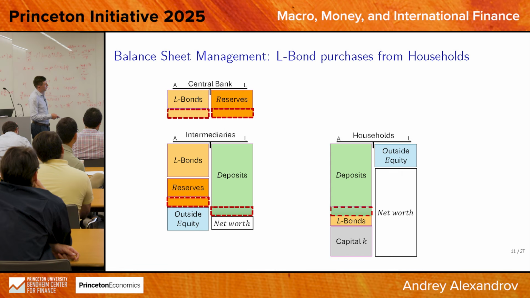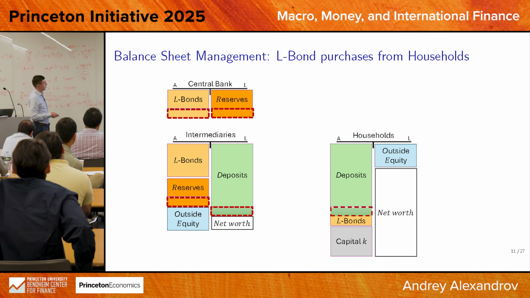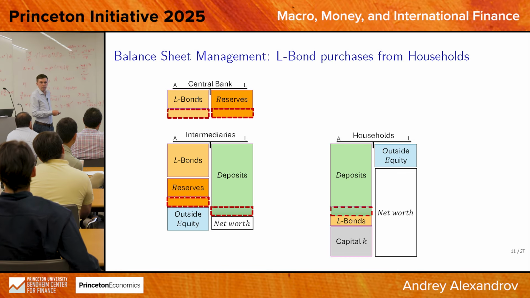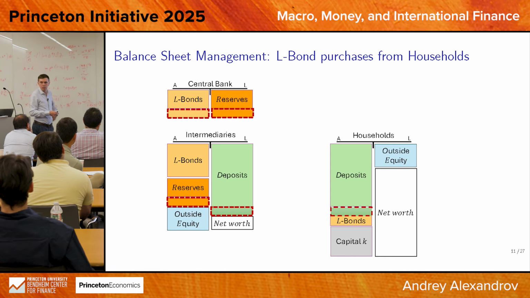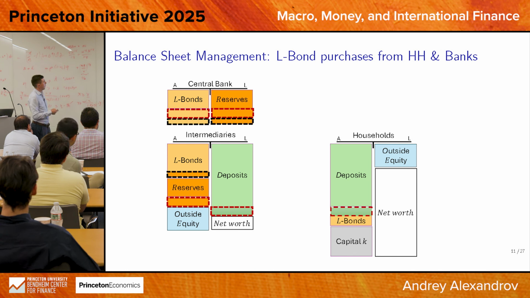In that sense, the households now hold less of these long-term bonds. But as a central bank, you cannot pay households directly. So you issue these reserves that go to the intermediaries, and then intermediaries issue deposits that are used to pay the household. So the central bank pays the household for long-term bond purchases through intermediaries. But it could also be that you buy long-term bonds directly from the intermediaries, and then you just swap one for the other, reserves for long-term bonds.